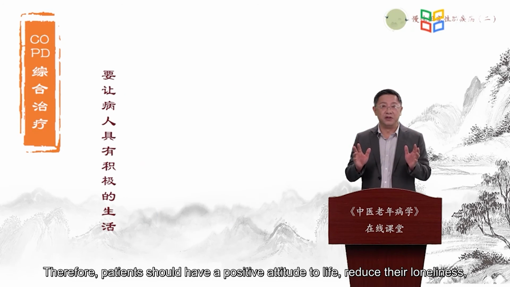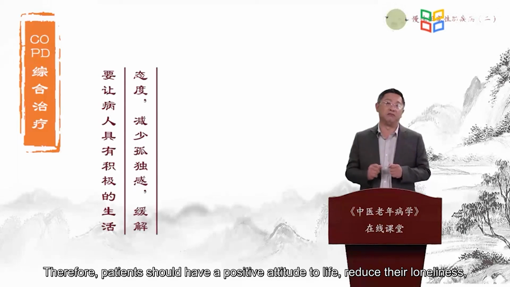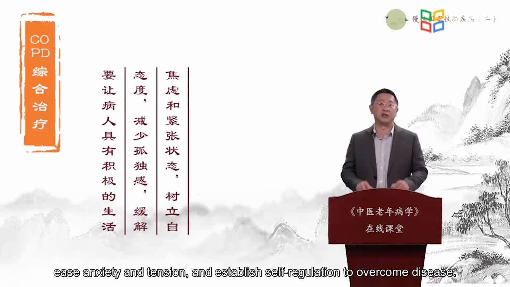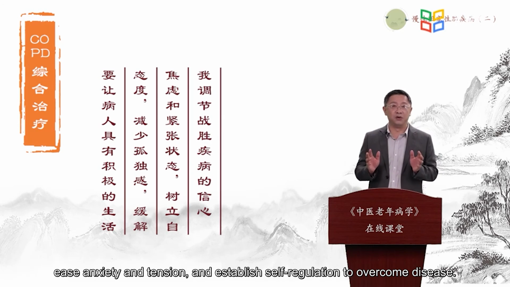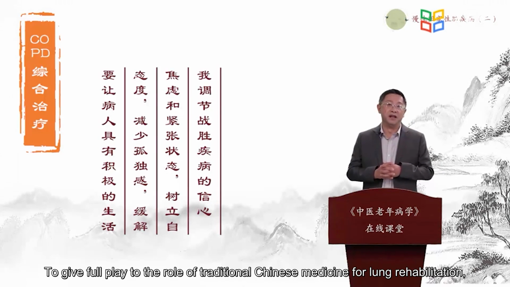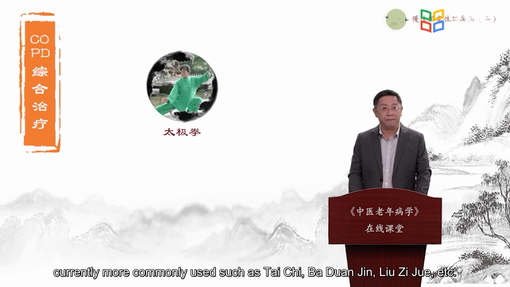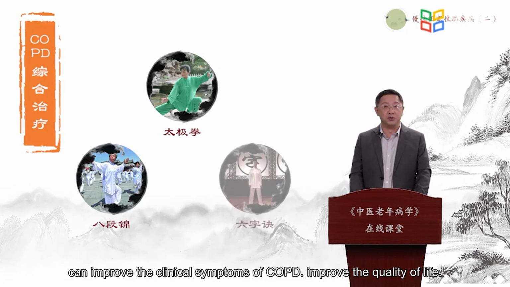Therefore, patients should have a positive attitude to life, reduce their loneliness, ease anxiety and tension, and establish self-regulation to overcome disease. To give full play to the role of traditional Chinese medicine for lung rehabilitation, currently more commonly used such as Tai Chi, Ba Duan Jing, Liu Zijue, etc., can improve the clinical symptoms of COPD, improve the quality of life.